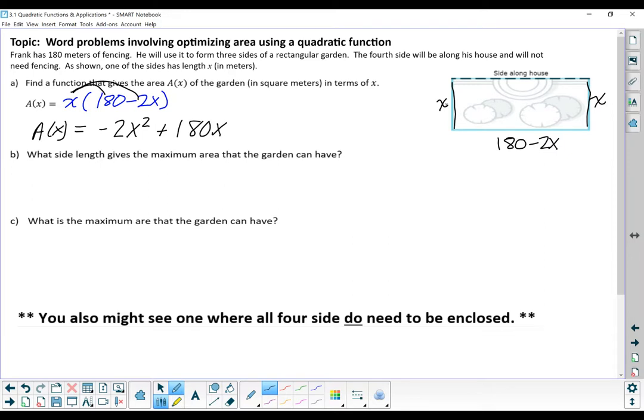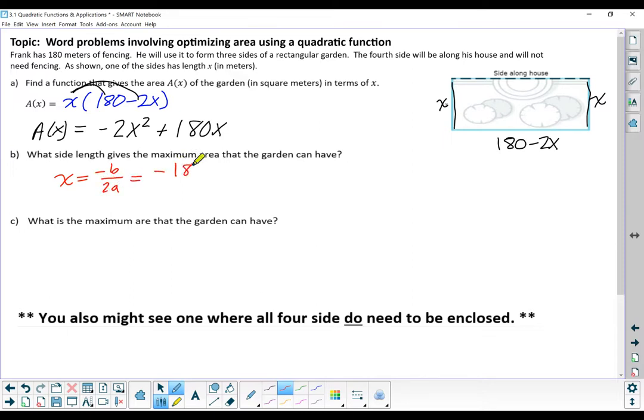So I changed the order of those terms to put it into standard form. Okay, so we have our equation for area. We want to find what side length gives the maximum area of the garden, and then figure out what that maximum size is. So for this side length, we're finding that x value using the axis of symmetry.